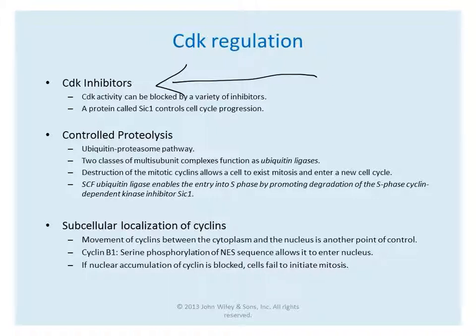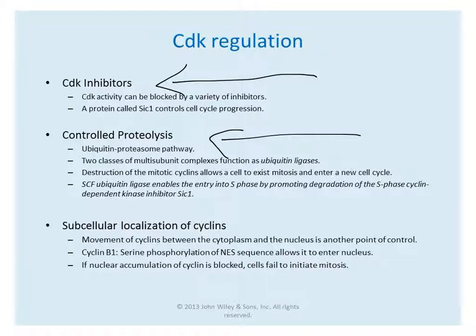Another way of controlling this activity, as I suggested from the other slide, is the fact that the cyclins also can be degraded so that the complex no longer is associated.